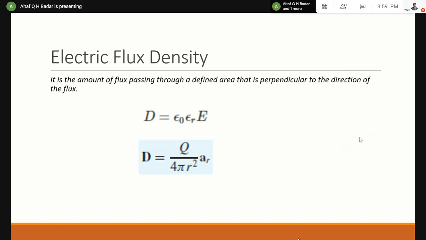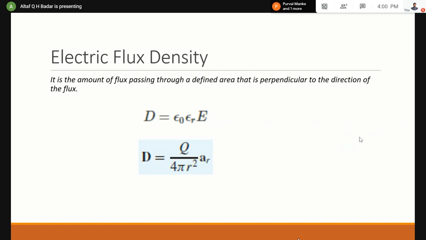Another definition for it, in a very short way, is the amount of flux passing through a defined area. I've already mentioned it, or passing through unit area perpendicular to the direction of the flux. Okay. D is basically quite similar to E, and the direction will also remain the same.